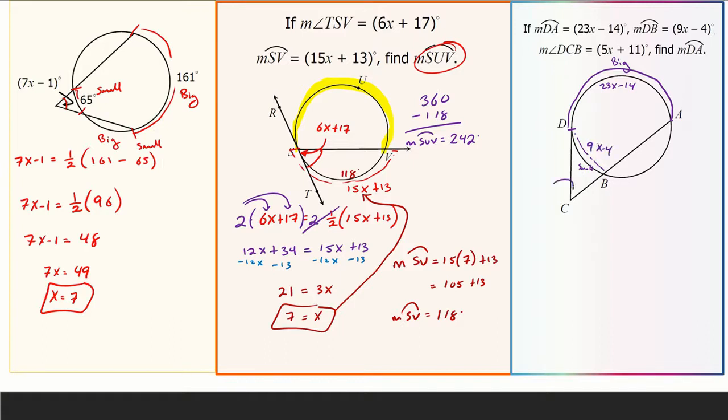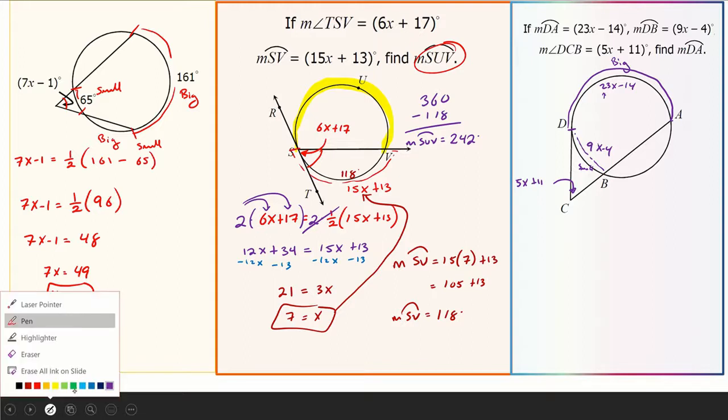They're also giving us the actual angle of the outside, angle DCB, and that's given to us as 5x plus 11. And it wants us to find the arc measure of DA, which is this one over here, which is my big arc. So in order for me to do this, I've got to find x, right? So that's kind of our goal.